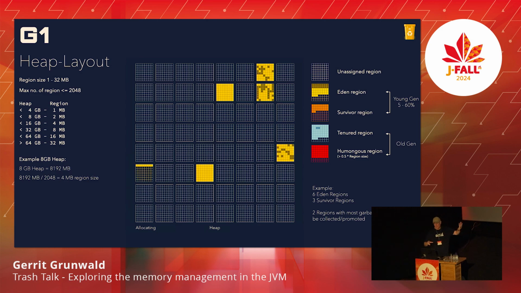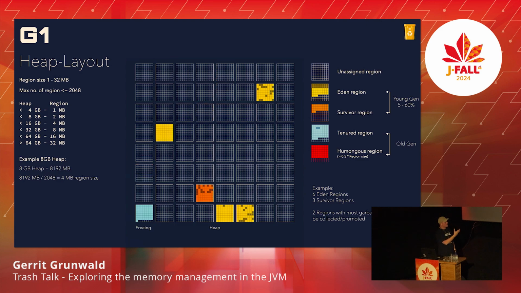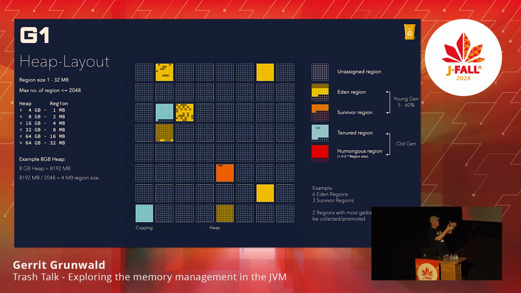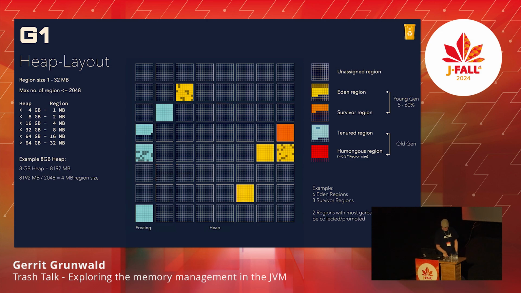The collector and allocator can allocate wherever he wants, right? So a region doesn't have to be an Eden region. Once it's cleared, it can be then a survivor region or whatever. So you see how it works. And it's always this garbage first approach. Always take the regions with the most garbage and make them survivor regions, promote them to the tenured regions, whatever. So this is the idea, and this goes on for minutes.